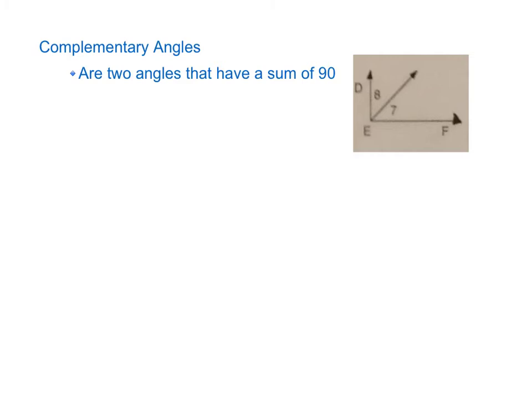Complementary angles are two angles that have a sum of 90. So you add them together and you get 90. And to see if angles are right angles or 90 degrees, you usually see a symbol like this, which I just put in red there. It looks like a little square in the corner. So if together they add up to 90, in this case angle 7 plus angle 8 is going to equal 90 degrees.